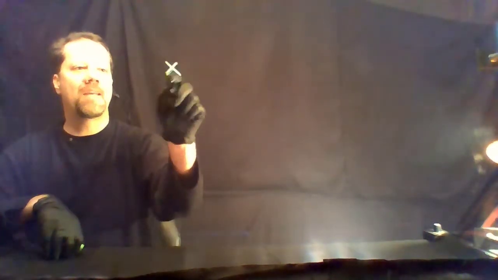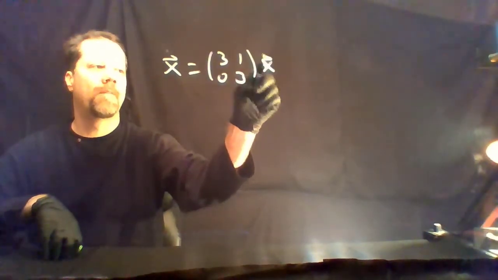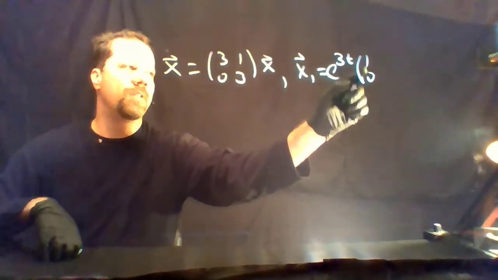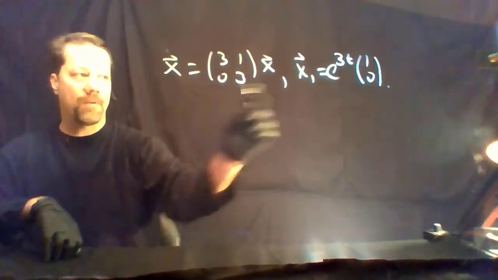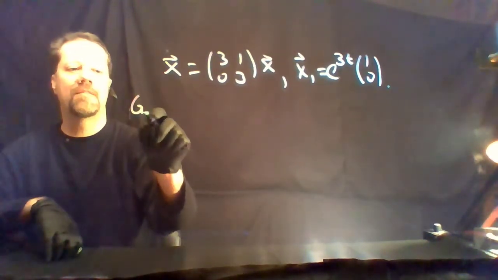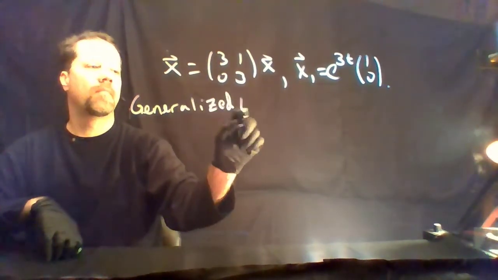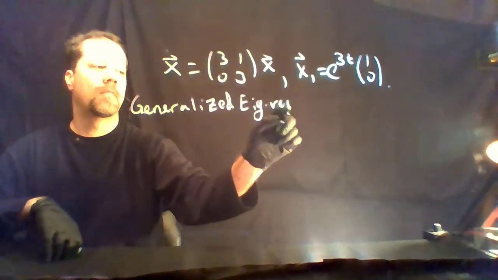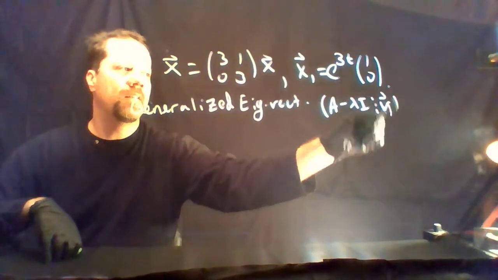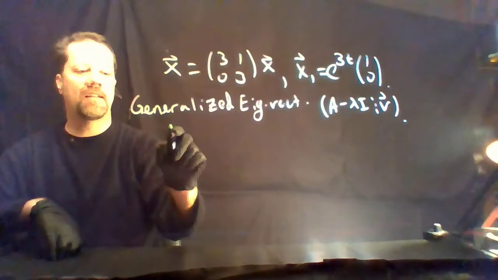Going back to our example, x dot equals the matrix (3, 1; 0, 3) times x, we already have a solution e to the 3t times (1, 0). How do we find the second solution, x2? Well, we need to find a generalized eigenvector. And to do that, we need to solve (A minus lambda I) v, where we subtract the eigenvalue lambda from the diagonal elements.